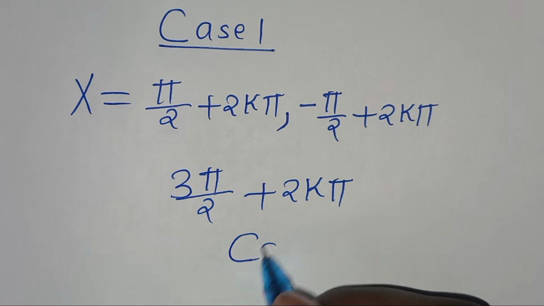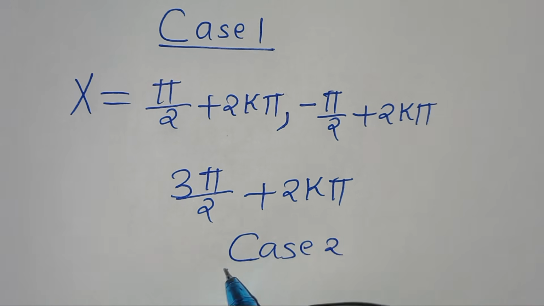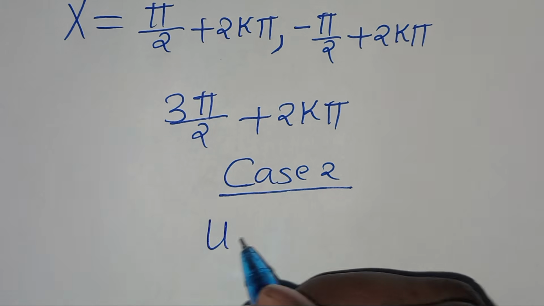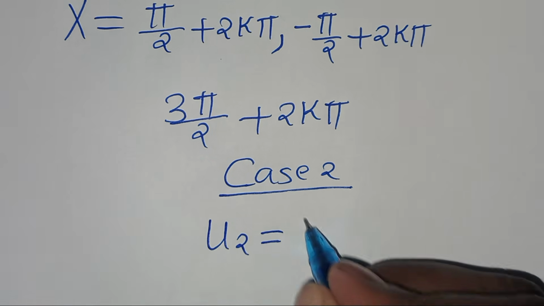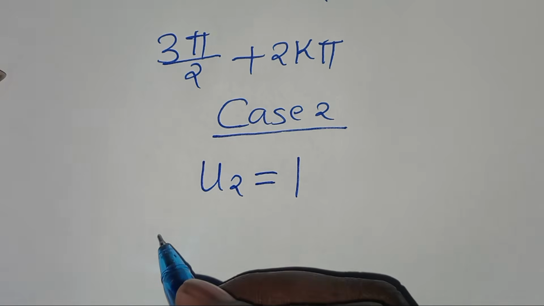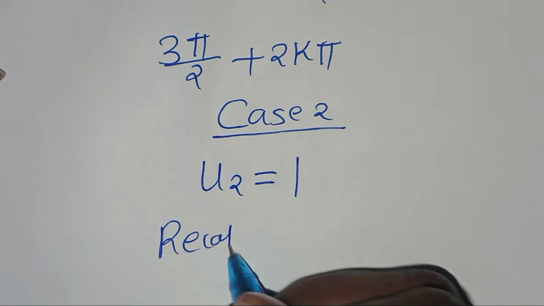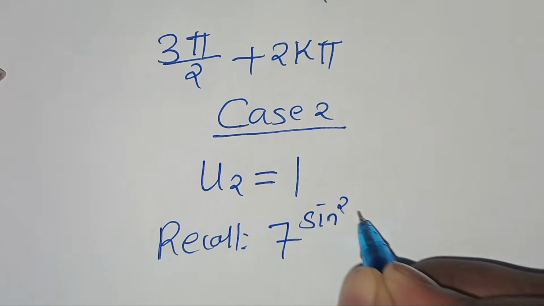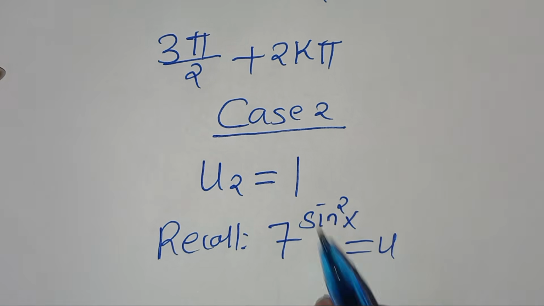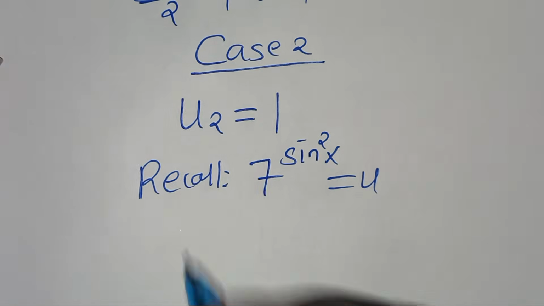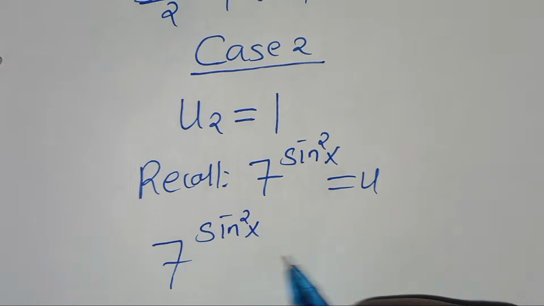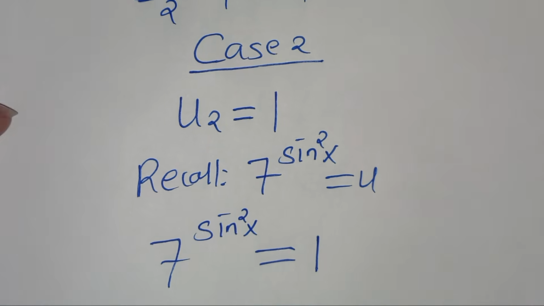So in case 2, remember we have u2 is equal to 1. Now, again, if you recall, we have that 7 raised to the power of sine squared x is equal to u. Let's substitute u with 1. So this is 7 raised to the power of sine squared x equal to 1.